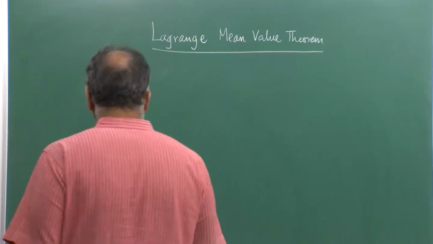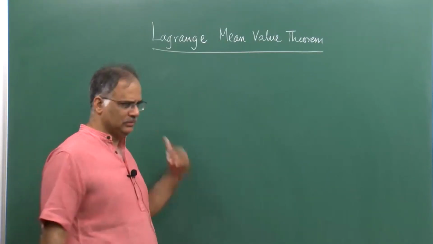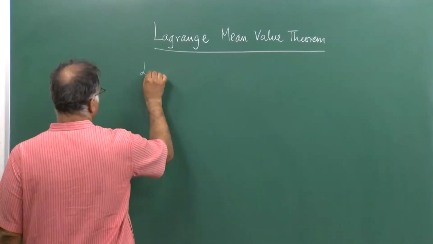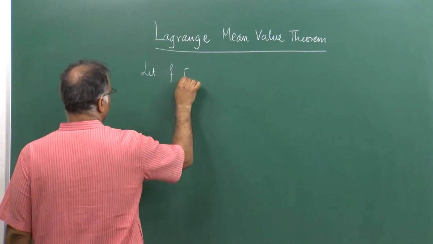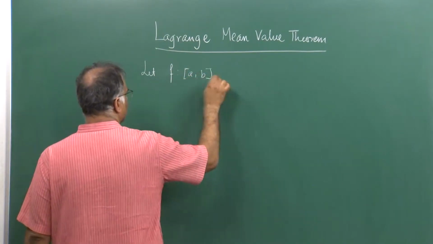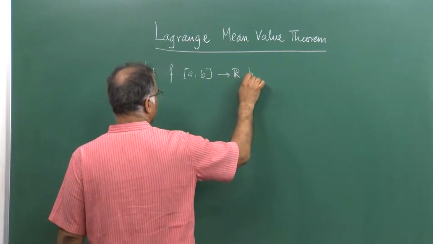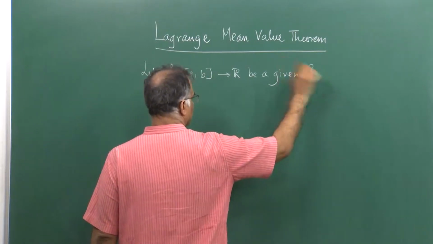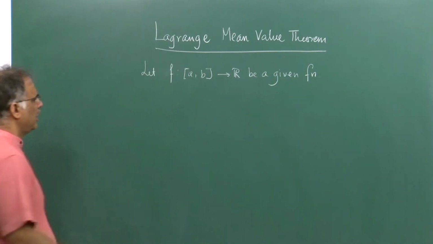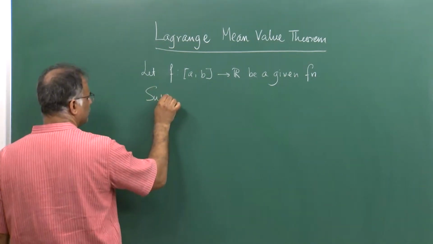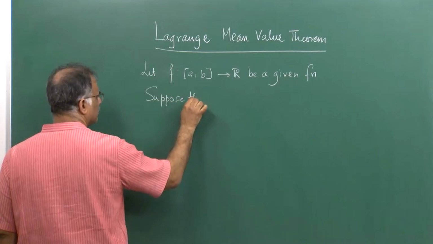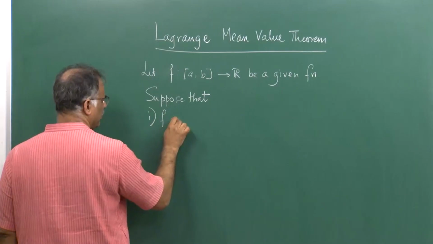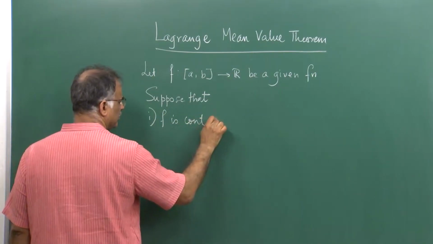Now, what does the Lagrange mean value theorem say? It says: let f from [a, b] to R be a given function. Suppose that number 1, f is continuous on [a, b].